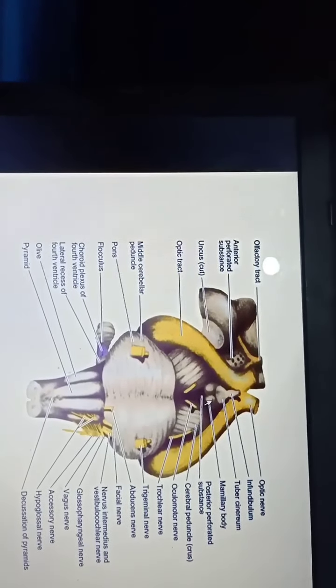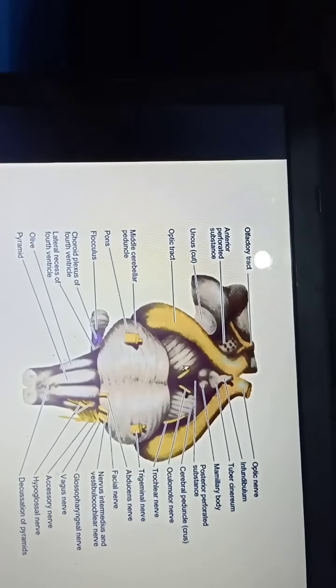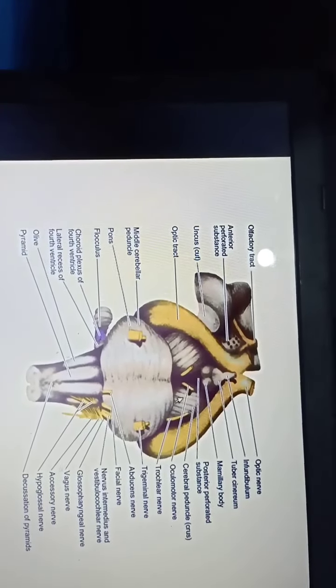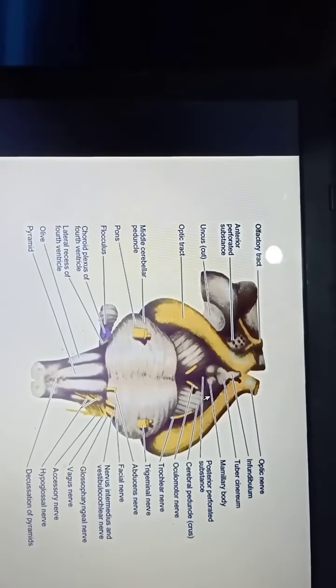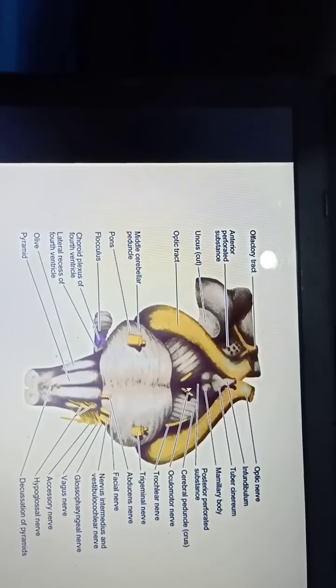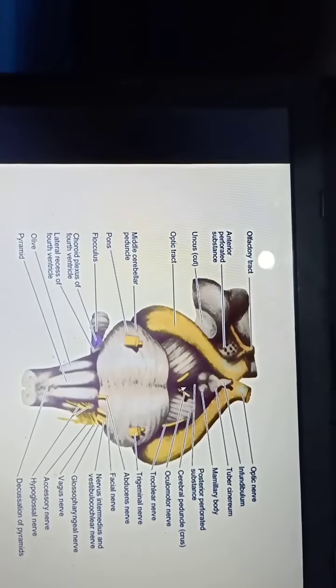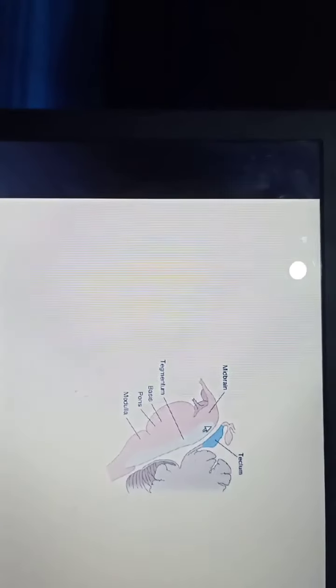Crus cerebri or cerebral peduncle forms the caudolateral part of this. It forms a V-shaped area. In the angle of the V-shaped area, there is the posterior perforated substance. Here is the posterior perforated substance.